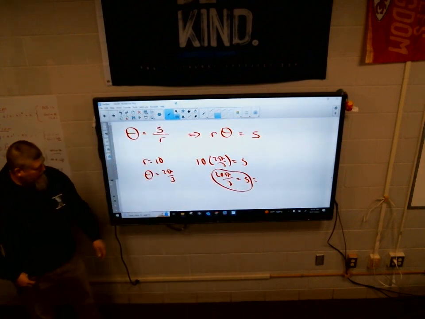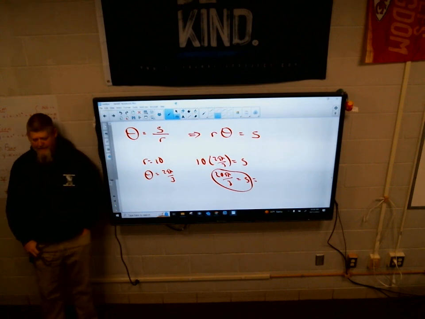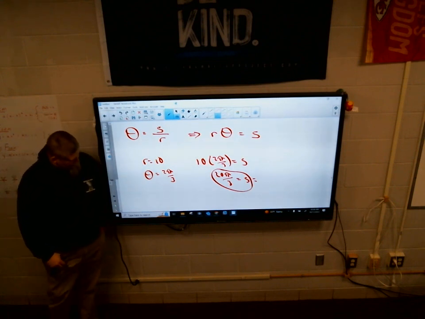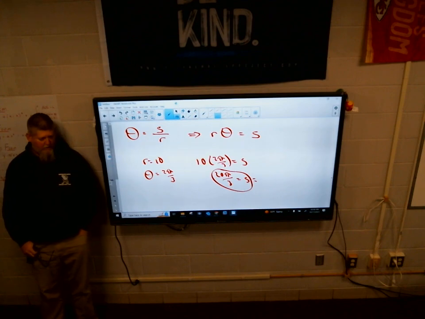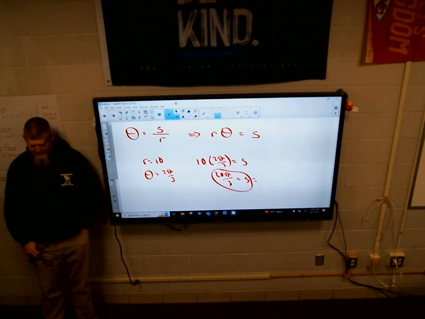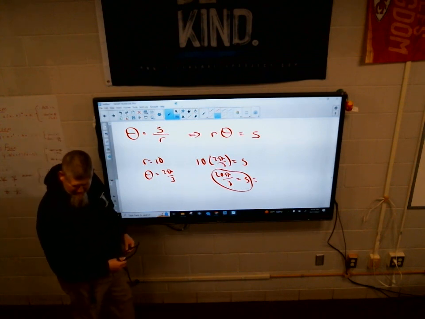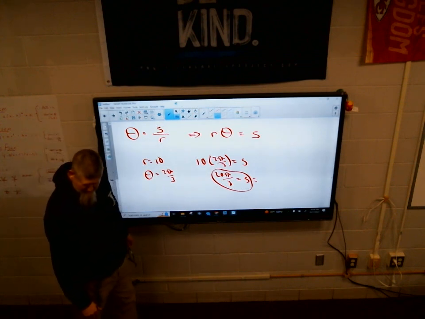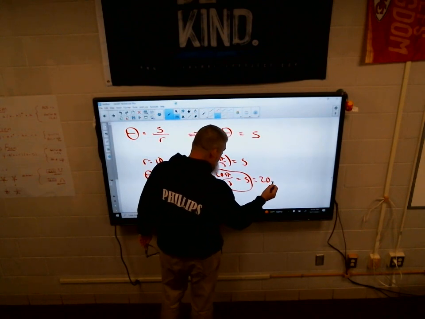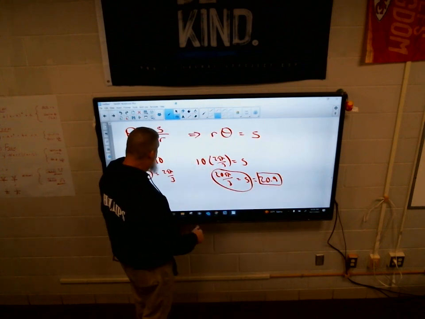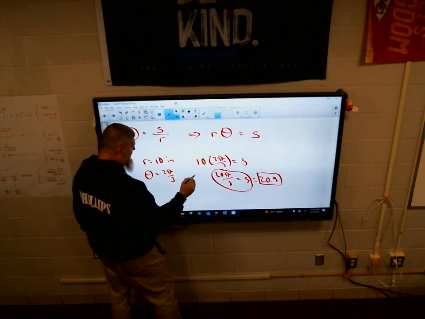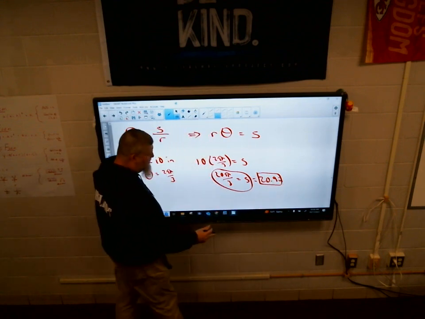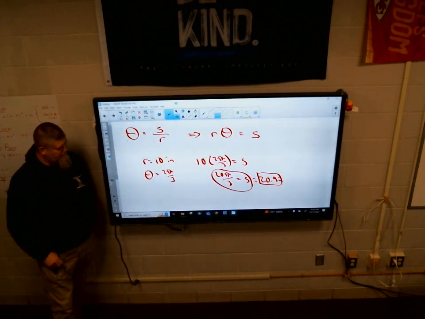The arc length would be 6 2/3 times pi, so somewhere around 20. Have you calculated that? 20 times pi divided by 3, what did you get? If this was in inches, it would be 20.9 inches. Feet, miles, whatever unit it is.